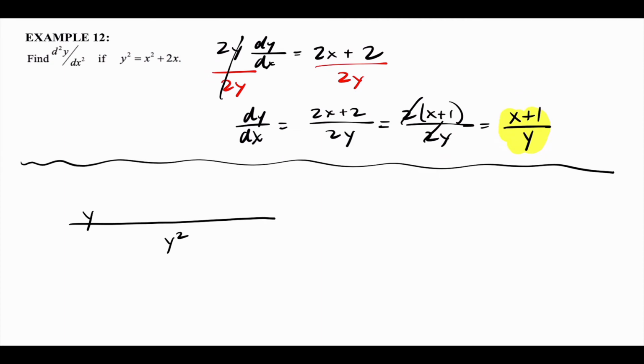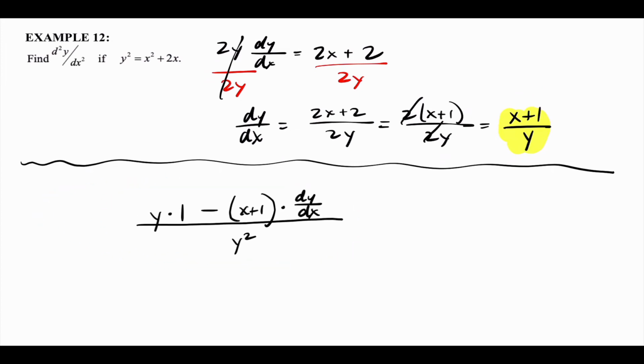Low times the derivative of the high, which is just 1, minus high, x plus 1, times the derivative of the bottom, which is dy over dx. Okay. So this is the second derivative, d squared y over dx squared, right? This is the second derivative.